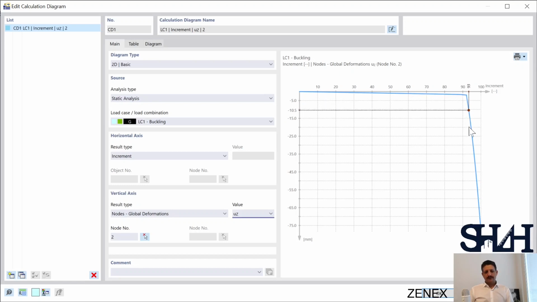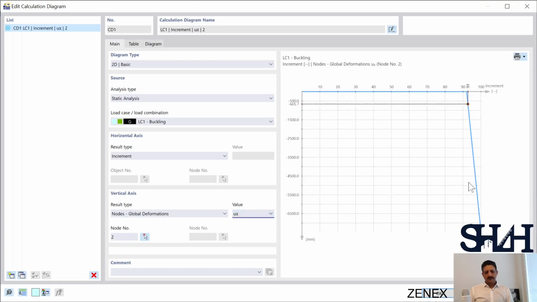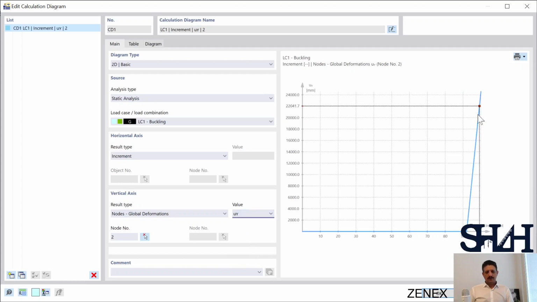And after that, you can see that it is increased dramatically. For ux, you can see that it goes to 7 meters, and for uy, it goes to 245 meters. So these are just checking that, okay, it is not working.